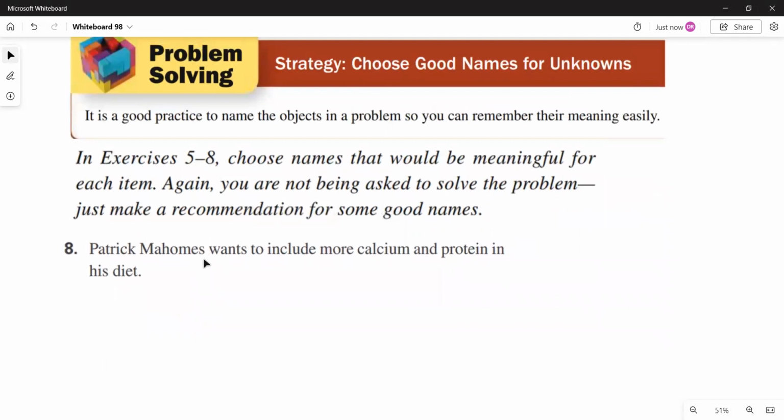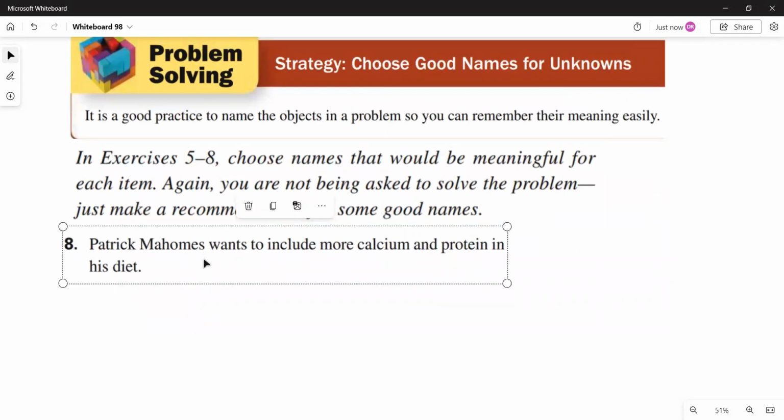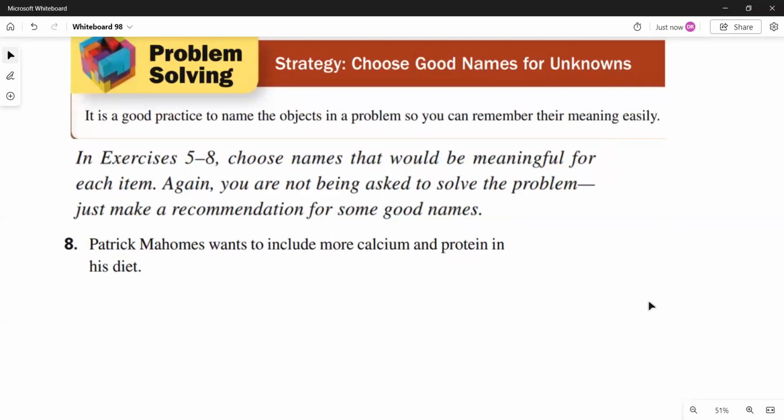Okay, so choose good names that will be meaningful for each item. Again, you are not being asked to solve the problem. Just make a recommendation for some good names. Patrick Mahomes wants to include more calcium and protein in his diet. So he will decide how many grams of protein and how many milligrams of calcium. So we can name two unknowns.